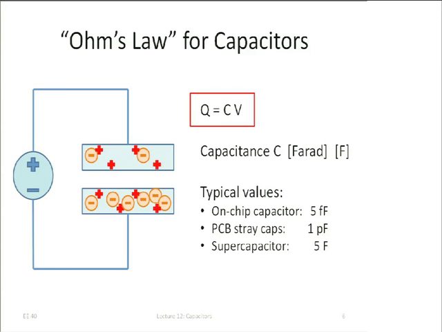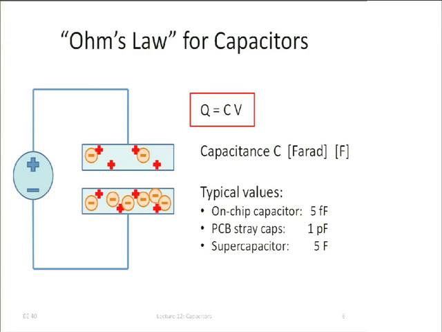Okay, so now we can define something like Ohm's law, but for capacitors. It turns out that for such constructs, for good ones, there is a linear relationship between that charge split, between the amount of charge that is on one plate and not on the other, and the voltage that we apply.